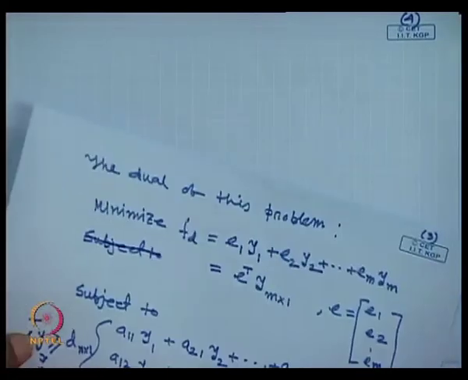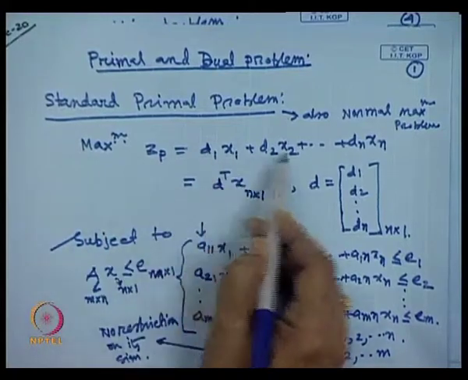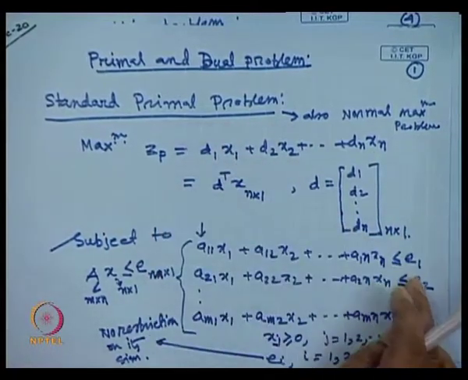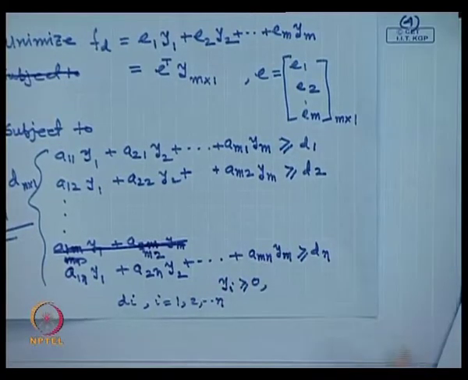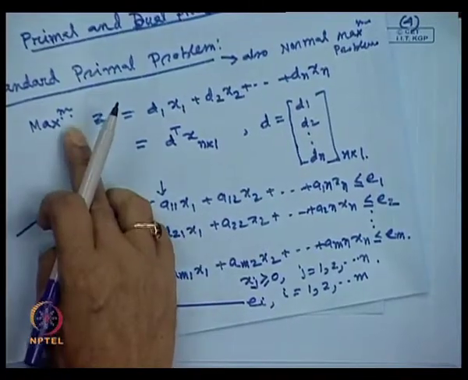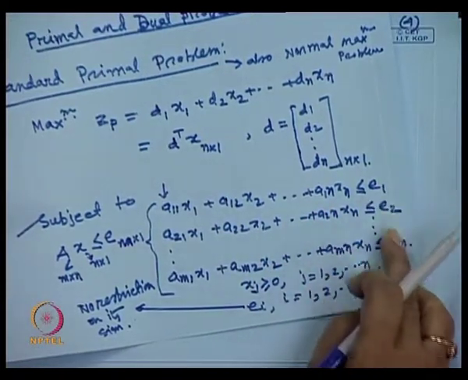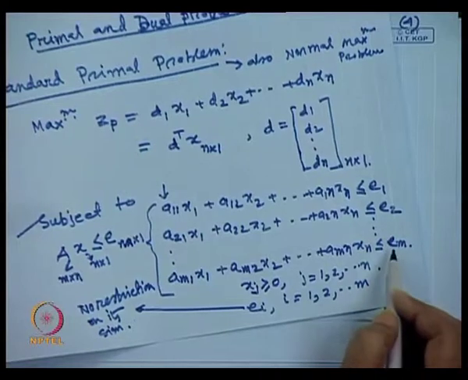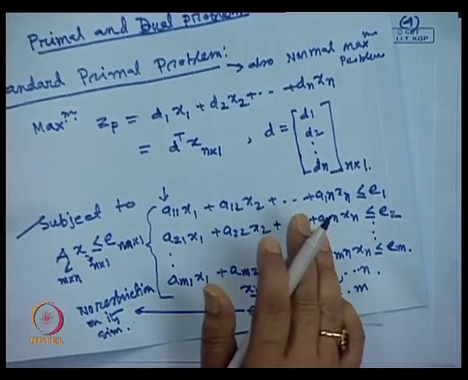The coefficients associated with the variables in the primal objective function come in the dual problem as the inequality constants on the right hand side, and vice versa. The right hand side constants in the standard problem, b1, b2, up to bm, come as coefficients in the dual problem objective function.